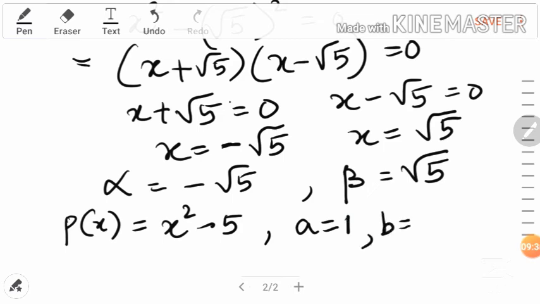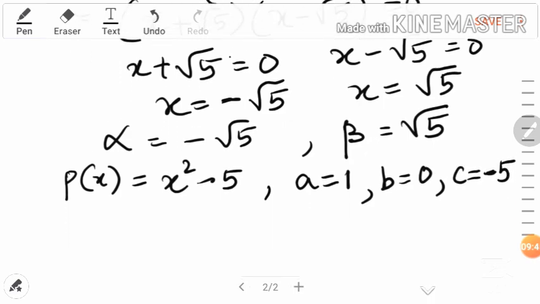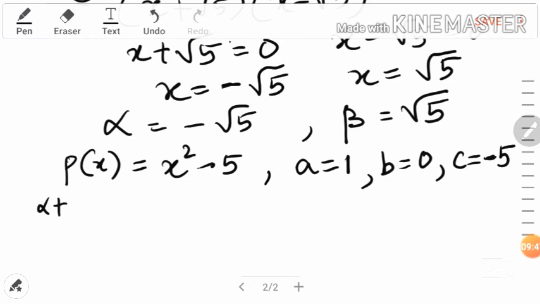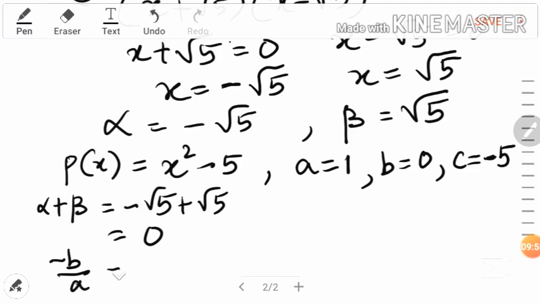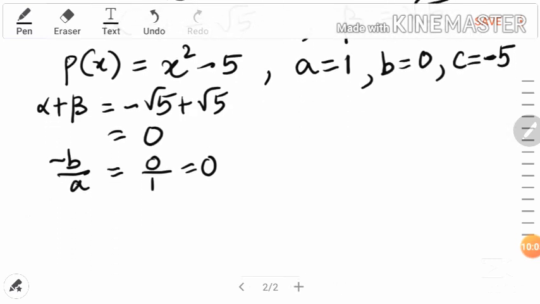B is the coefficient of x, but there is no x term, so b is 0. And c will be minus 5. Now we'll find out alpha plus beta, that is equal to minus root 5 plus root 5, which is equal to 0. Find minus b upon a, 0 upon 1, which is also 0. So this implies alpha plus beta is equal to minus b upon a.